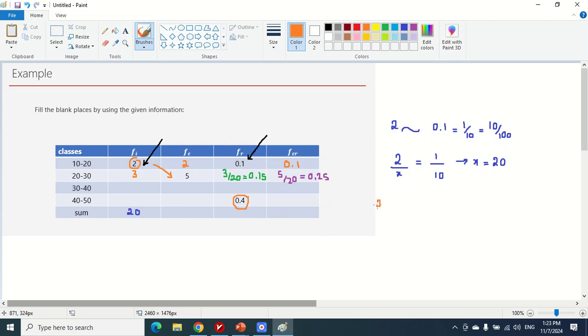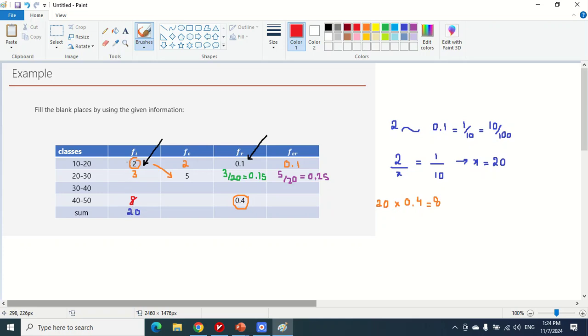If we multiply 20 by 0.4, then you will find that the value is 8. So the frequency in this class is 8, because it's 40% of 20.